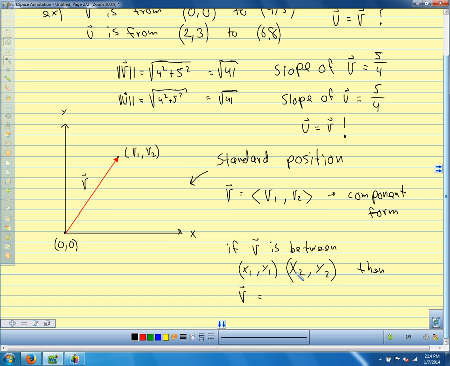We just subtract the components. x2 minus x1, that tells us how far we go in the x direction to get from here to here, and y2 minus y1. So that tells us how far we go in the y direction to get from here to here. So that's going to be the component form of our vector if it goes between 2 points, if our initial point isn't at the origin.